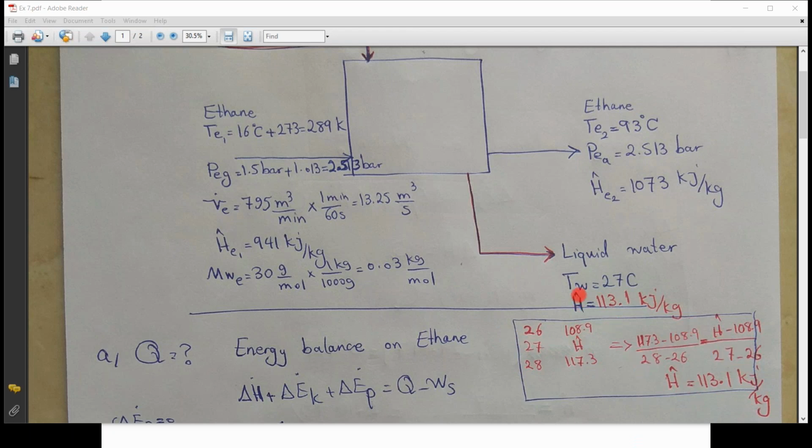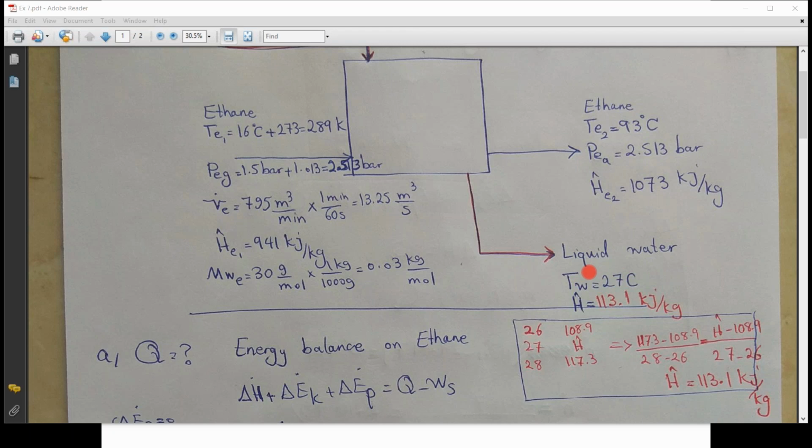Then I calculated the specific enthalpy at this specific temperature from table B5. I read that one from B5, because when you have temperature, it's easier to go to table B5.